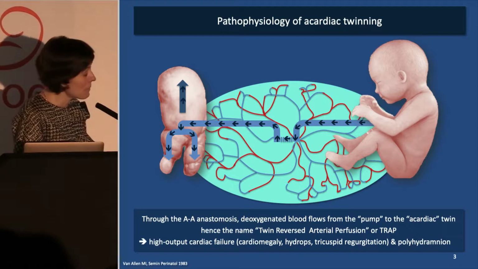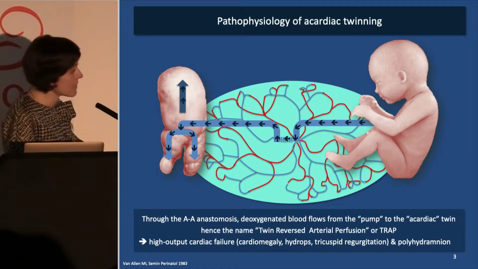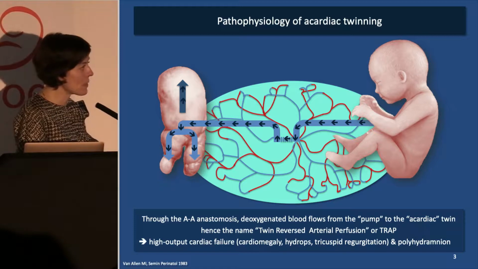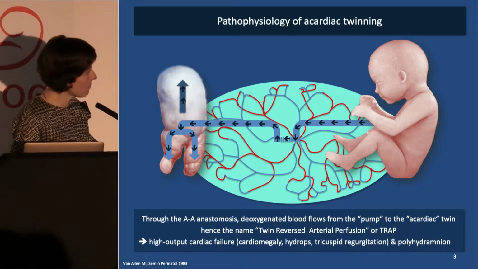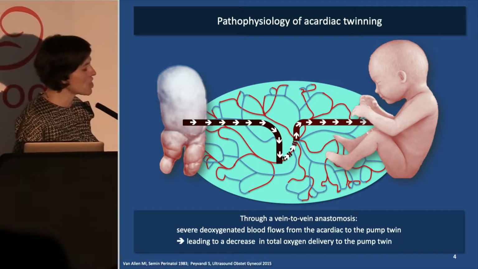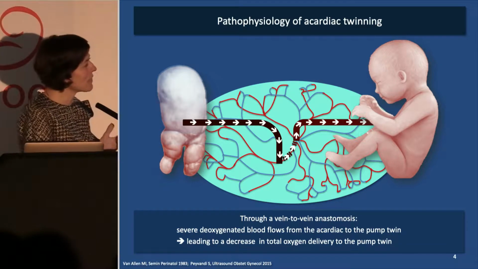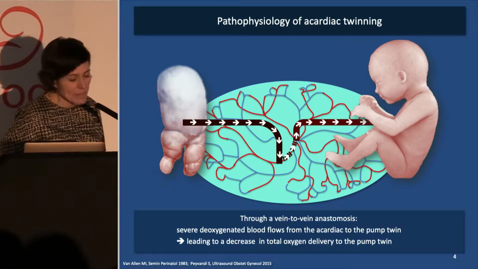The main problem is that it will cause high output cardiac failure in the pump twin, which will manifest itself by cardiomegaly, hydrops, tricuspid regurgitation, and also polyhydramnios.